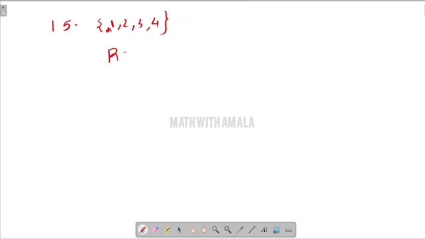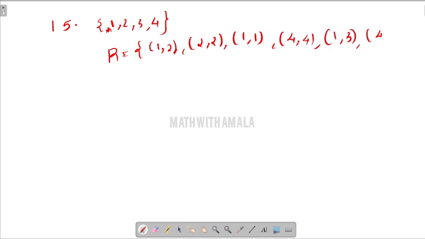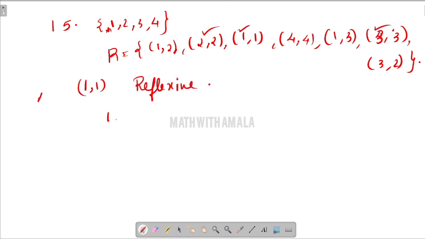Question number 15 is defined on the set {1, 2, 3, 4} where R is equal to {(1,2), (2,2), (1,1), (4,4), (4,1), (3,3), (3,2)}. We have (1,1), (2,2), (3,3) and (4,4) inside this relation. Hence it is reflexive. It is reflecting towards each element.